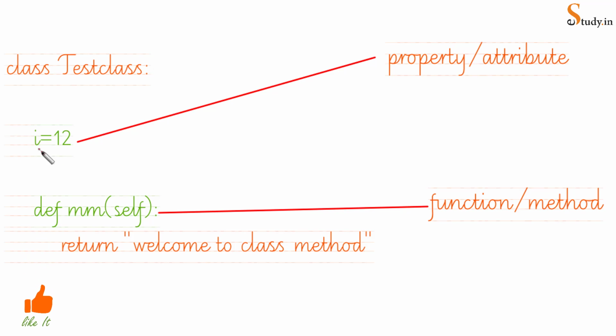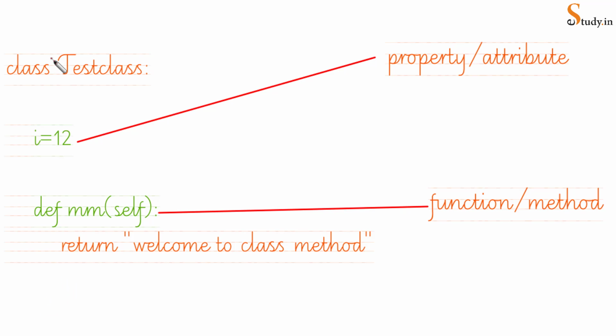Then within the class, here I have a variable i is equal to 12, and then we have a function wherein the only different thing is this self, which we do not know what it is as of now, but let's ignore it for the time being. Then we are returning welcome to the class method. So basically the structure of a class is that you write the class keyword, and within the class you define the functions and you define the properties.